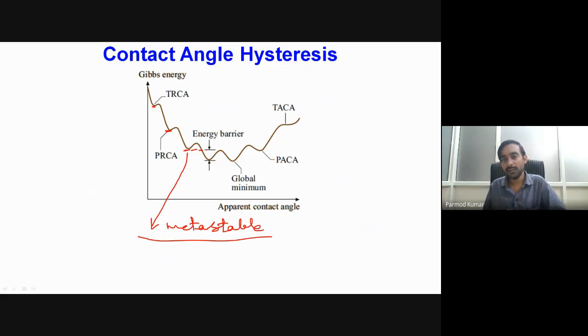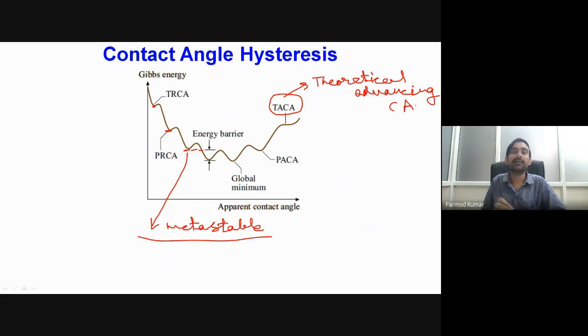Okay. So now whenever we are theoretically trying to determine the value of minima, we will be finding that the local minima obtained at the highest value of the contact angle is referred to as the theoretical apparent advancing contact angle. So this TACA represents the theoretical advancing contact angle.